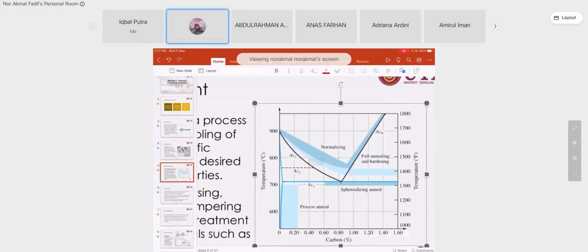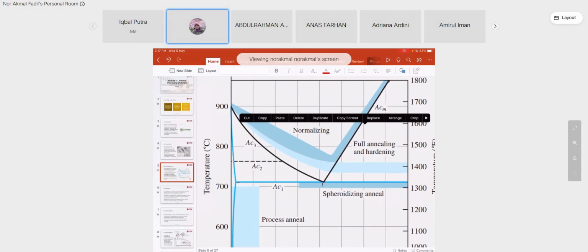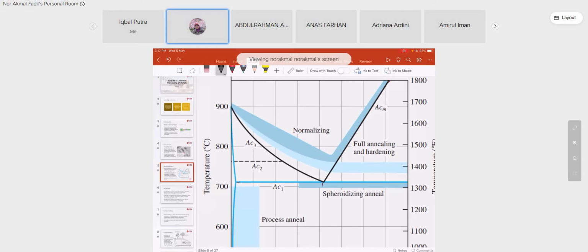This is AC3. For example, we want to conduct the full annealing process for the hypo. Where is hypo? Eutectoid, this is hypo. This is hyper.